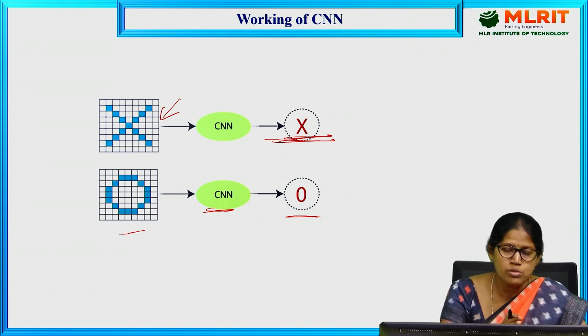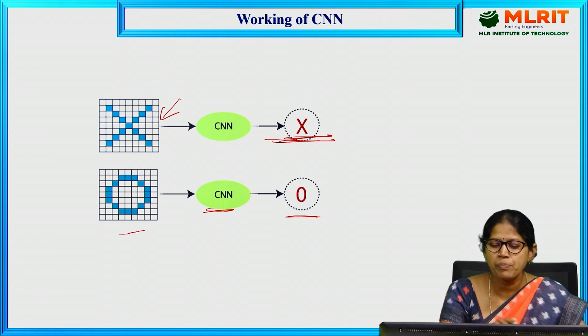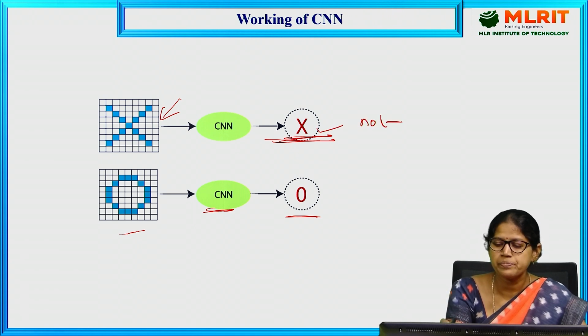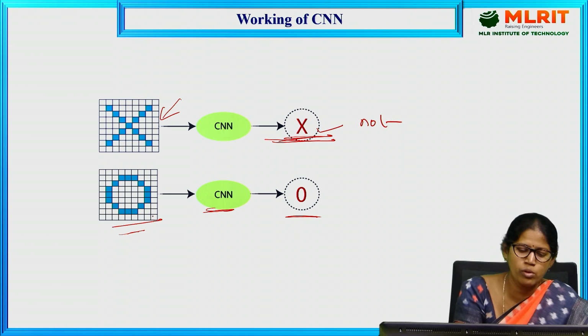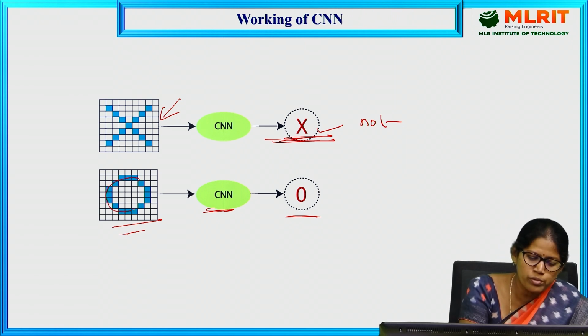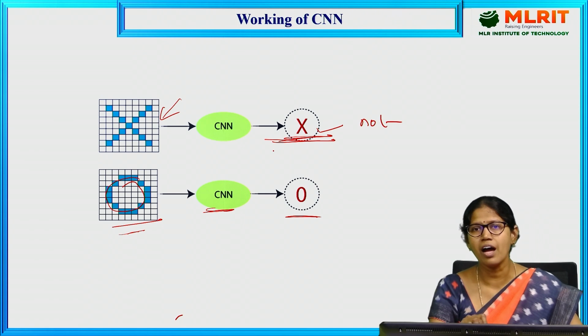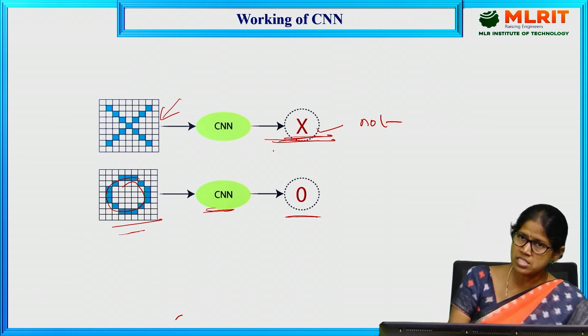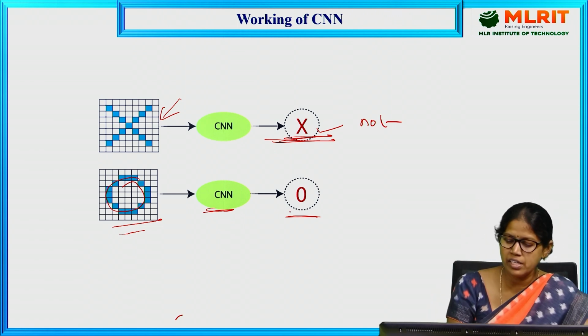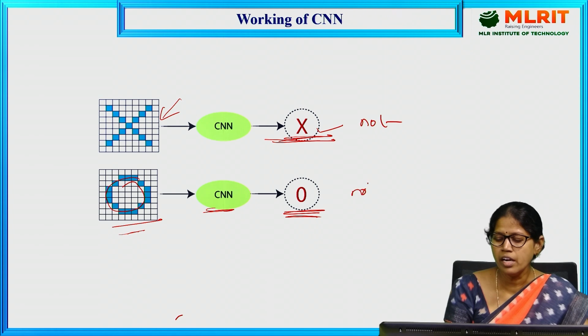By using those pixels, it will identify whether it is an X or not an X. In the same way for an O, it will consider the pixels of the image, wherever the letter appears in that location. It will match those pixels with the already trained model's pixels. Then it will identify whether it is an O or not an O.